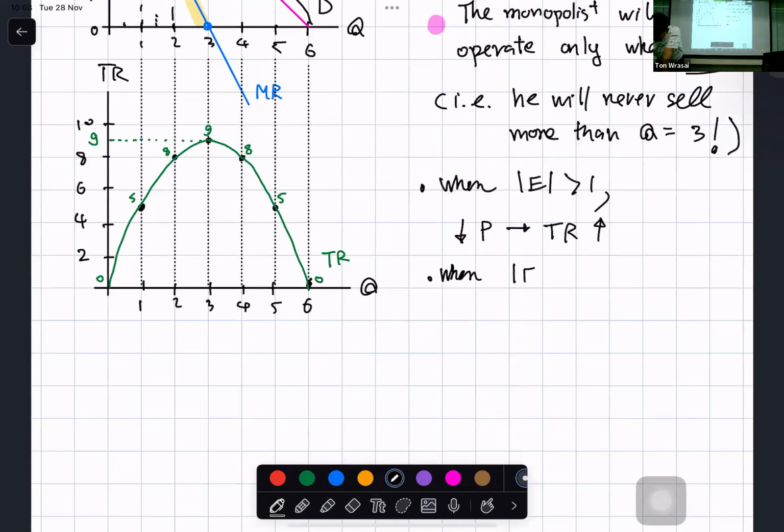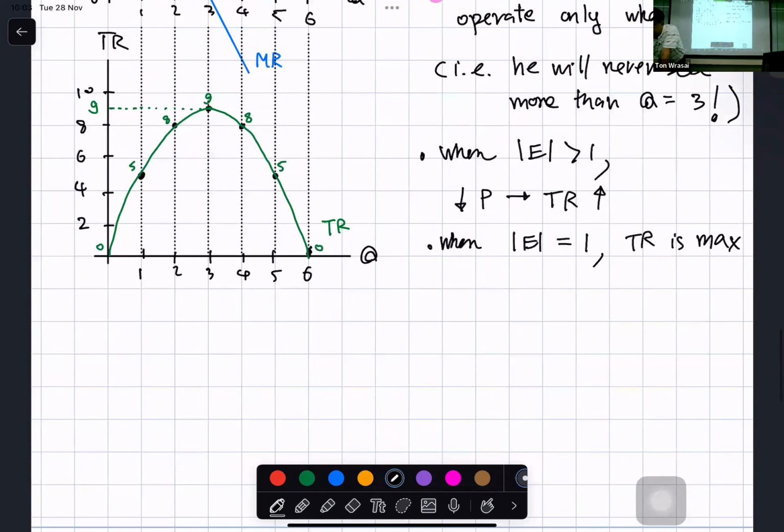And when elasticity is equal to 1, TR is max.